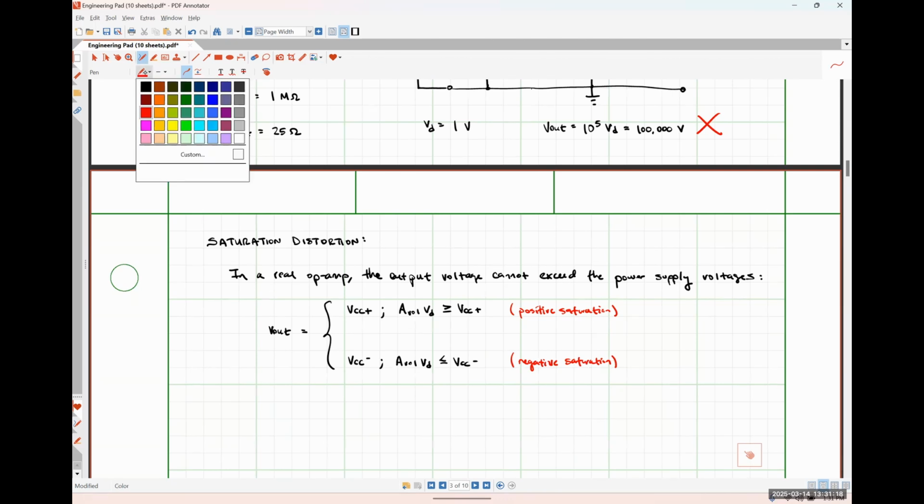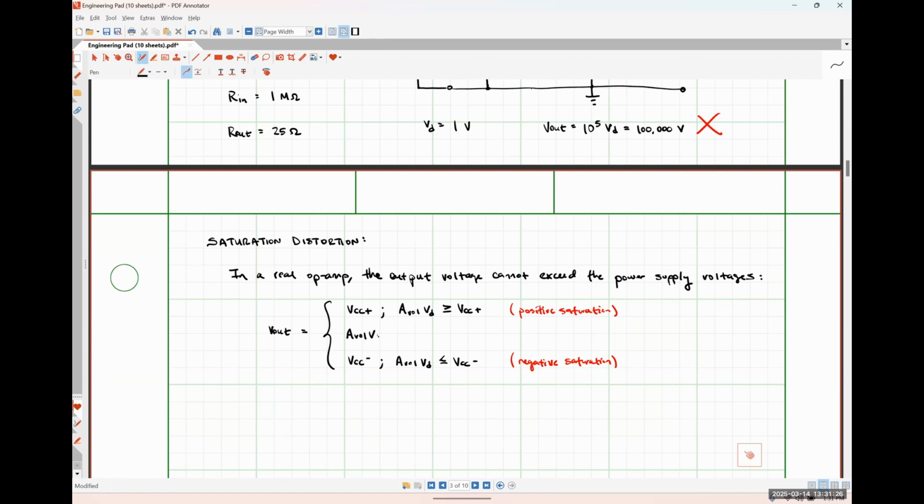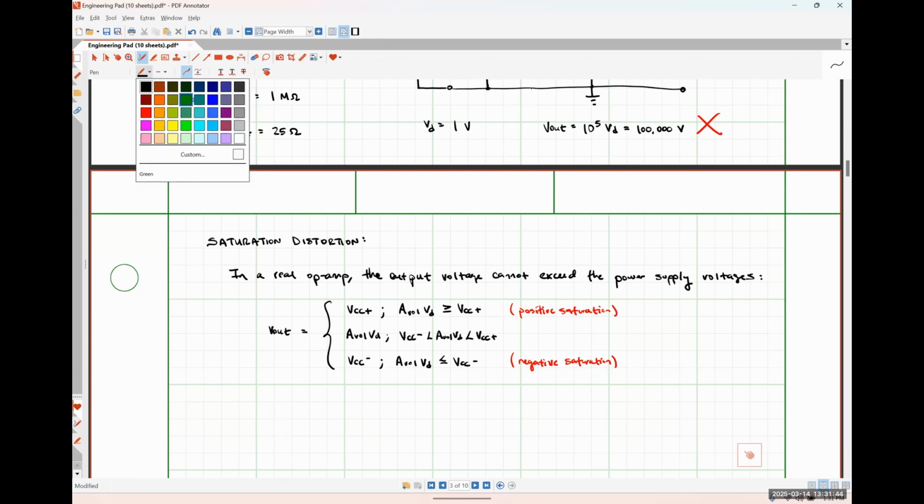And then in the middle, our output voltage is going to be actually AVOL times VD when VCC minus is less than AVOL times VD is less than VCC plus. And this is what's called our linear operation.